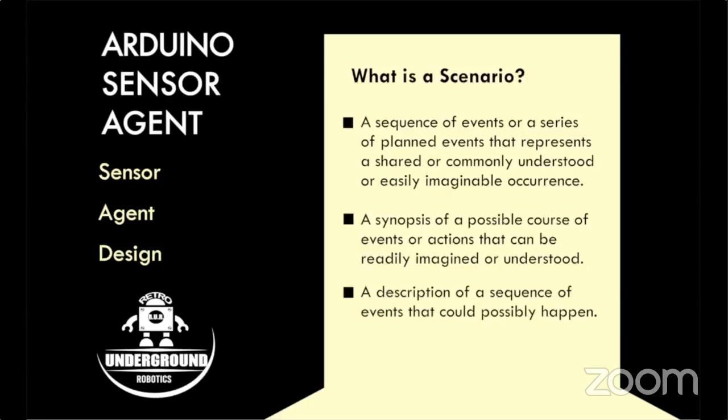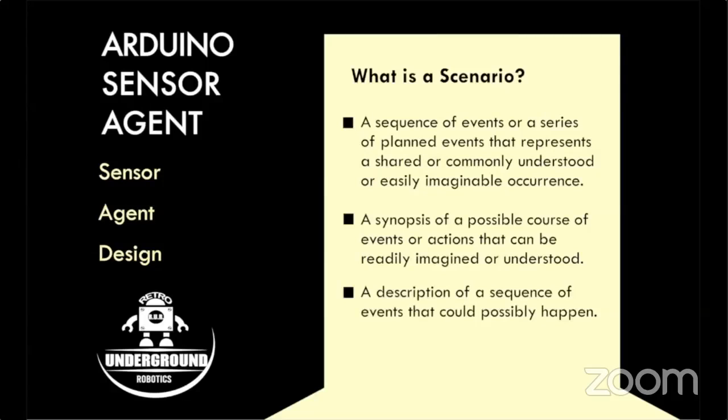Okay, so if you get these definitions here, scenario being a sequence of events or a series of planned events that represents a shared or commonly understood or easily imaginable occurrence. Or you could look at it as a description of a sequence of events that could possibly happen. A description of a proposed or supposed sequence of events or actions that could easily be imagined, understood, or conjectured.